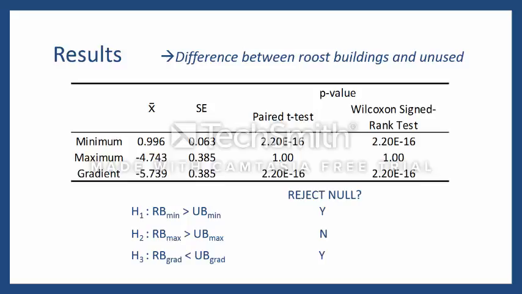We can say that there is evidence that roost buildings' temperature gradient is smaller than in unused buildings. But with the maximum temperatures, we're seeing evidence that roost buildings' maximum temperatures are lower than in unused buildings, which is interesting and kind of makes sense. This is something that I'll have to look into moving forward, but we'll get to that in a minute.